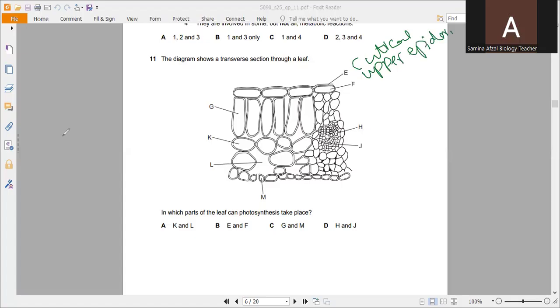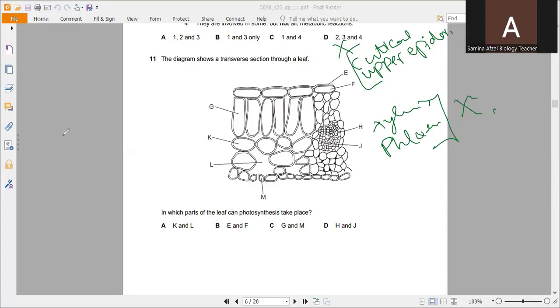No photosynthesis in both of them. They don't have chloroplast. H is xylem. J is phloem. Again, no chloroplast, no photosynthesis.